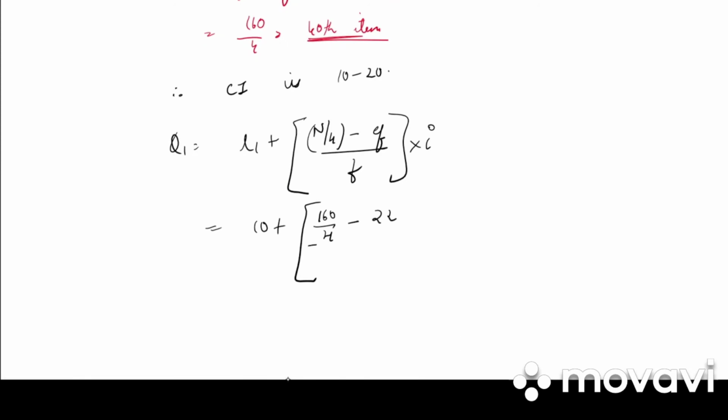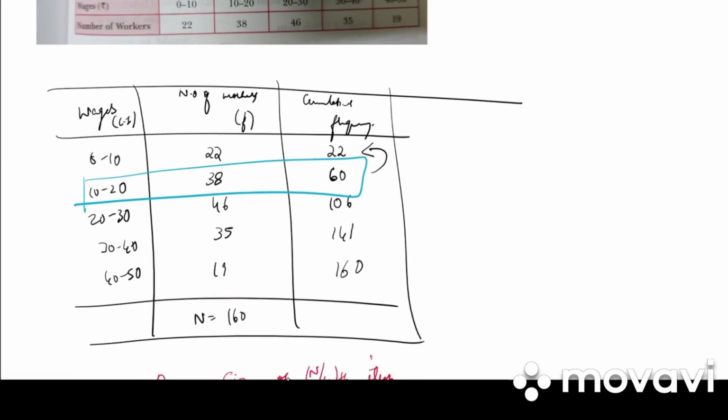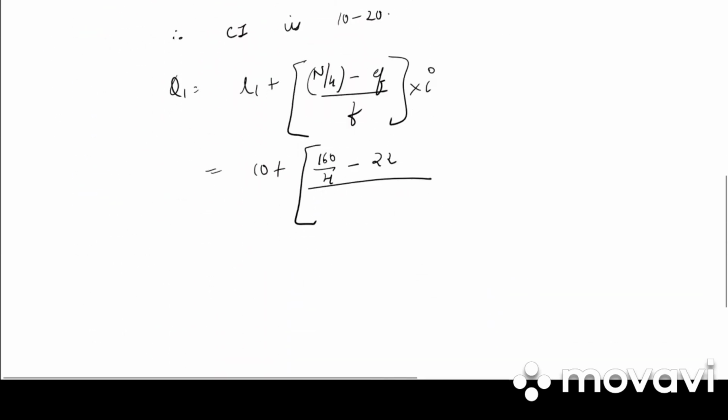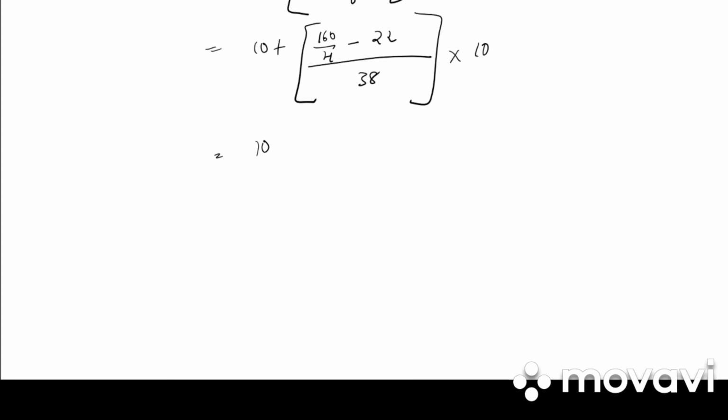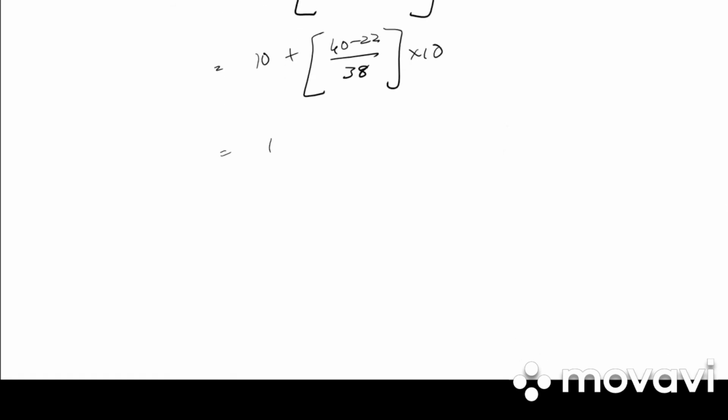So minus 22. What is the frequency? It is 38. Divide by 38. And I is the width of the class interval, into 10. So 10 plus 40 minus 22 divided by 38 into 10. 10 plus 12 divided by 38 into 10.